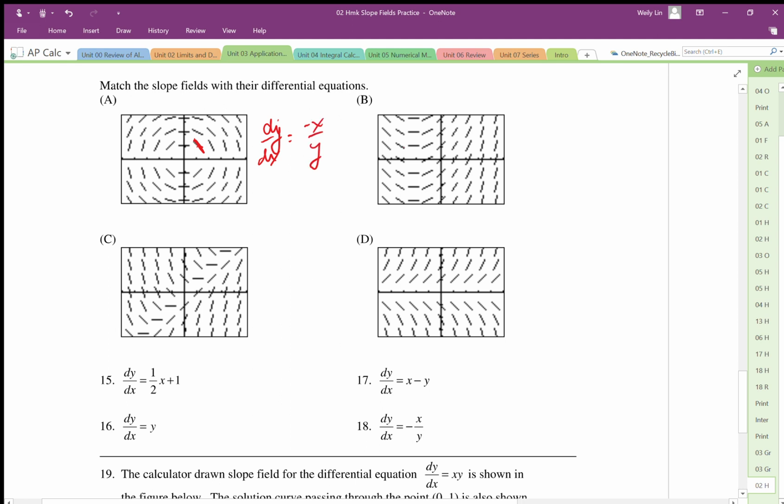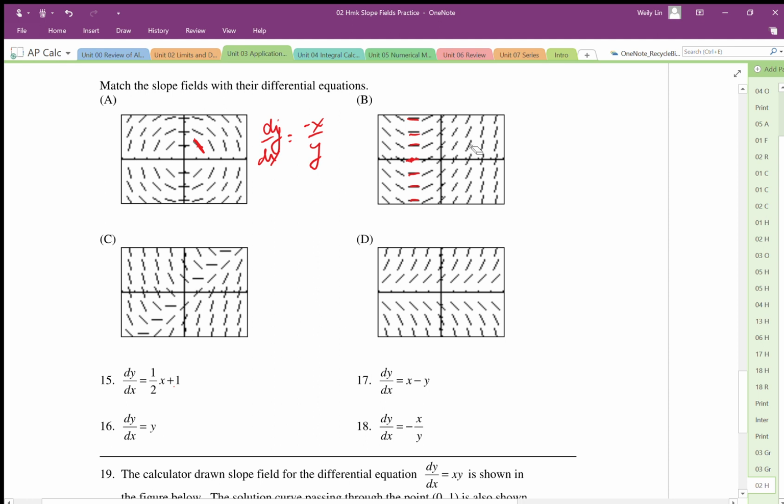For b, this looks like a parabola, and I can guess that this is probably going to be 15, but I can double check again. I can check a point at x equals negative 2, the slope will be 0. Yeah, negative 2, slope is 0. That seems to be correct. And it's independent of the y, so all these negative 2 coordinates give me slopes of 0.